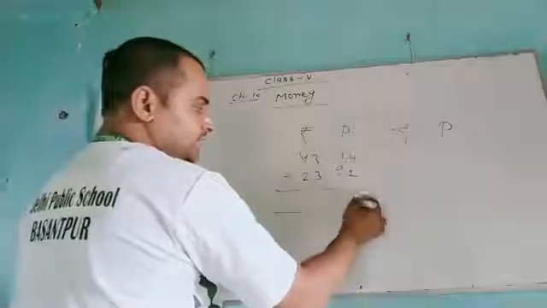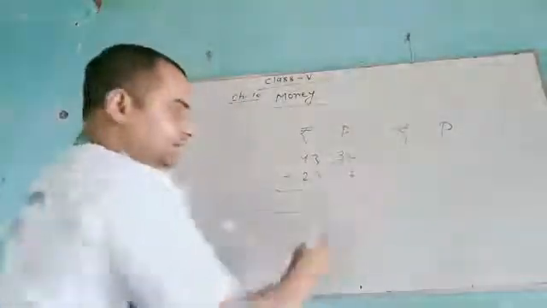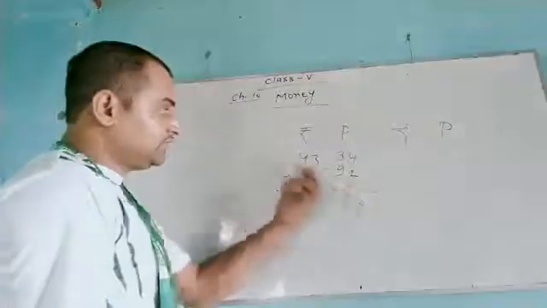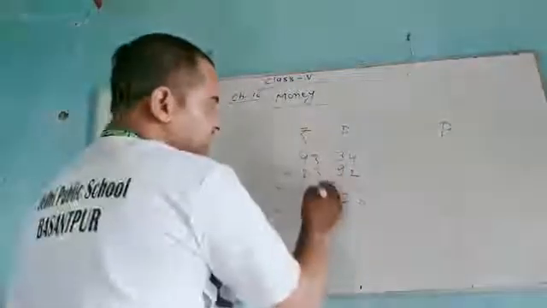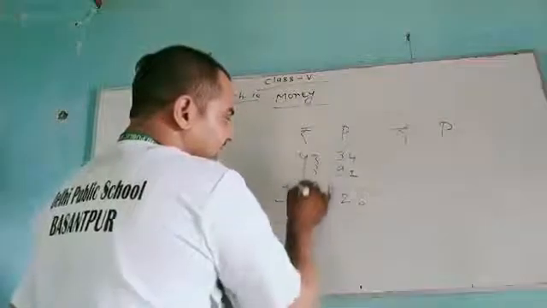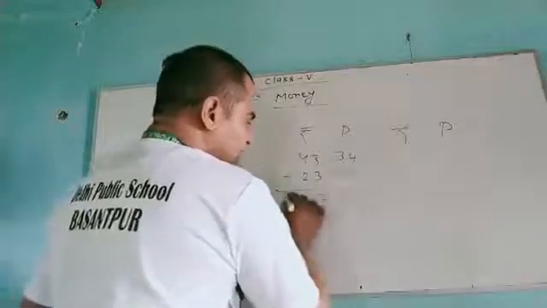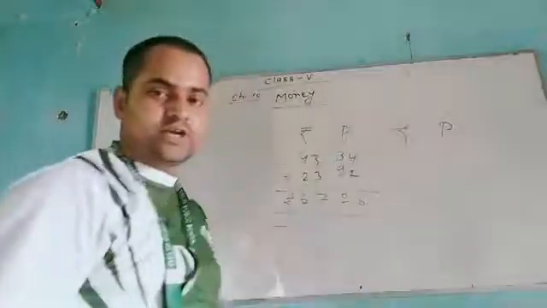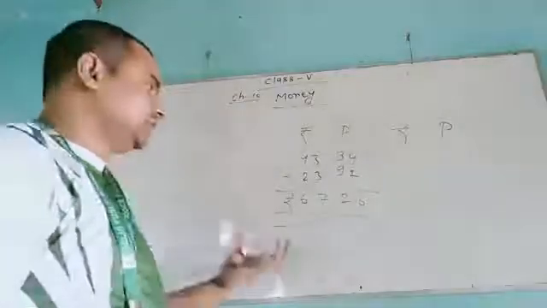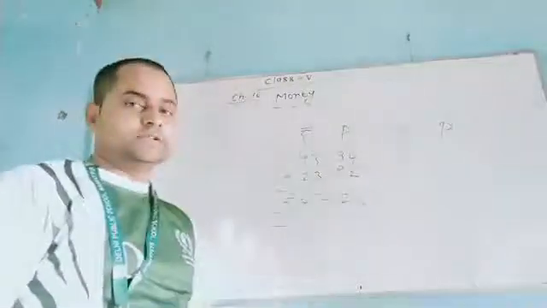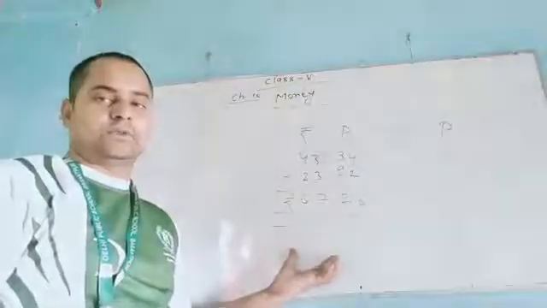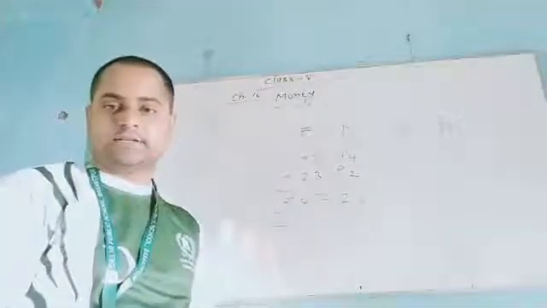First 6, 9, 3, 12, 2, carry, give to the rupees. 6, 6, 2, 3, 3, 6, 1, 7 and 6. This is the right answer. Okay, students, you can do it carefully and solve the questions from your exercise.